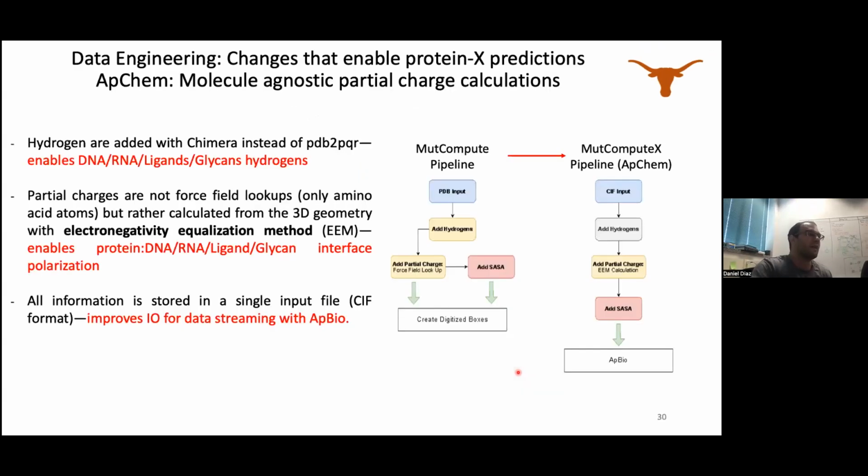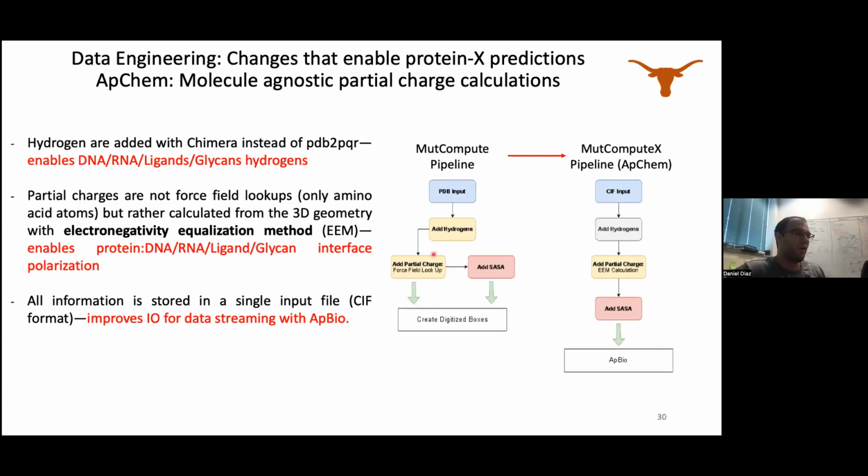So diving a little deeper into AP Chem, what really made this possible was that we moved away from using PDB to PQR to get our partial charges. PDB to PQR gives you a partial charge for every atom by using force field lookups. And then you would have to provide your own partial charges for non-protein atoms.